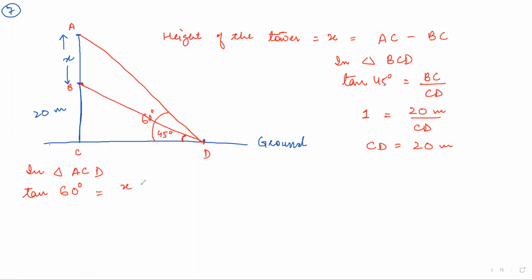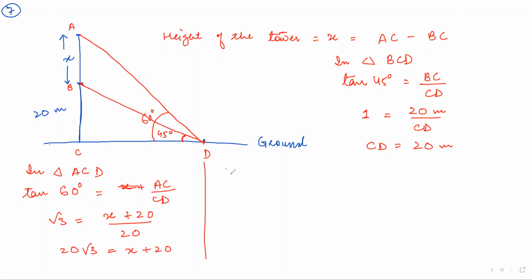Perpendicular, that means x plus 20, or you write AC, upon CD. So root 3 is AC, which is now x plus 20, divided by CD, which you have found, that is 20, right? You have to find the value of x from here. So 20 root 3 is equal to x plus 20, right?